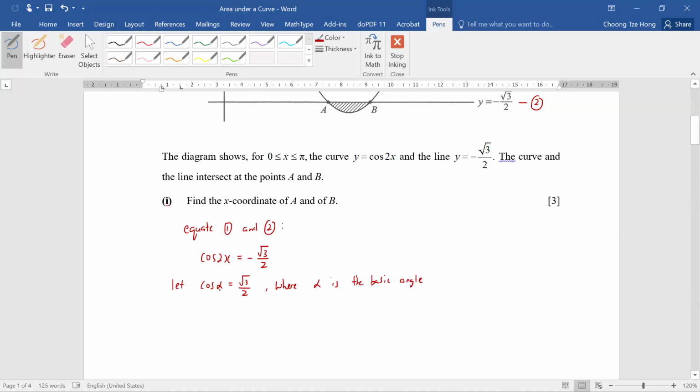We know that cosine 30 degrees gives us square root 3 over 2. But now we are working in radians, so 30 degrees will be pi over 6. In other words, the basic angle will be pi over 6.